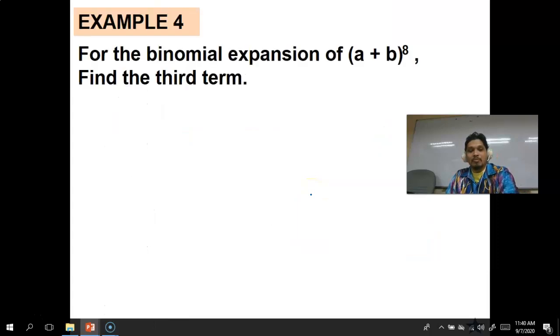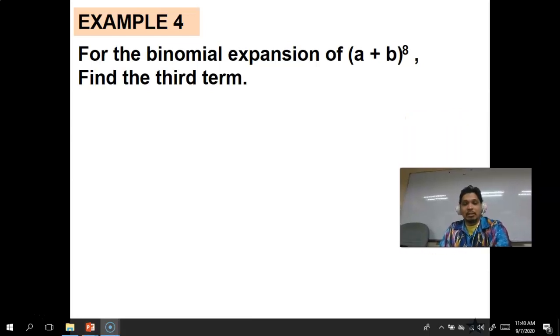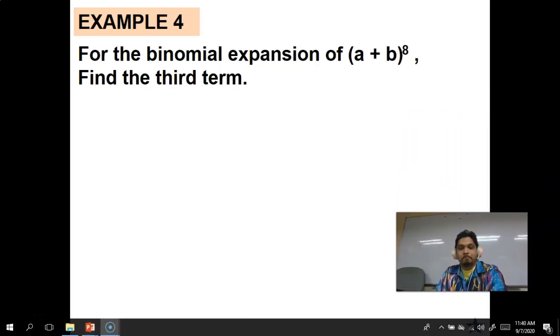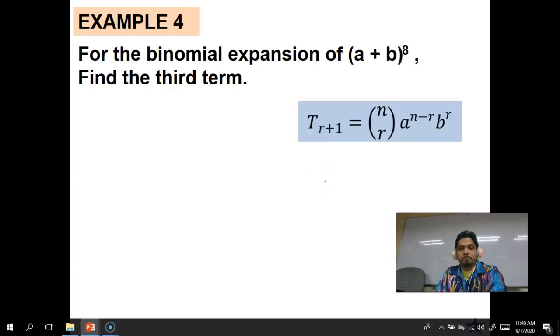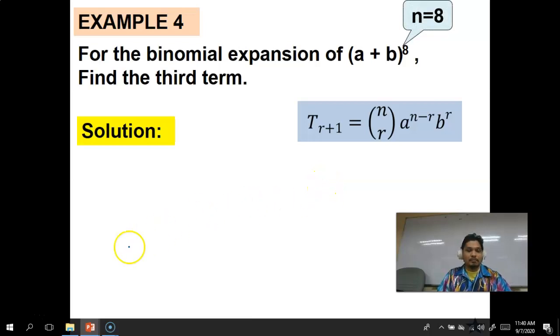For the binomial expansion of (a + b) to the power of 8, find the third term. Okay, the solution then. So the third term, T3 equal to, r plus 1 equal to 3, so then r equal to 2.